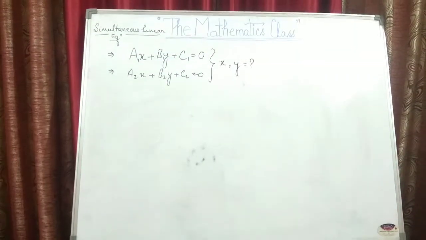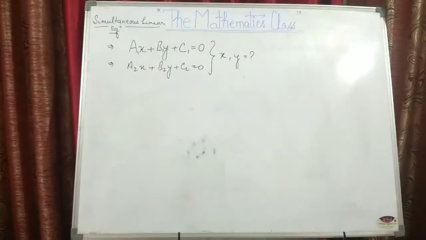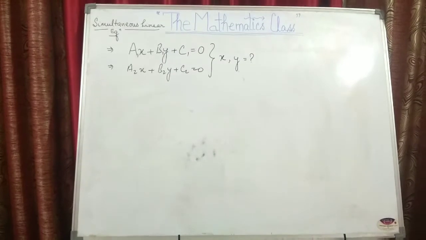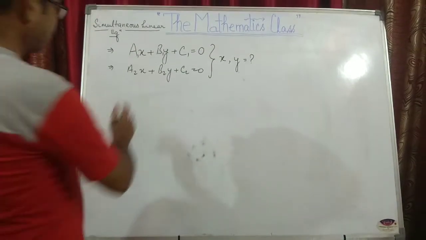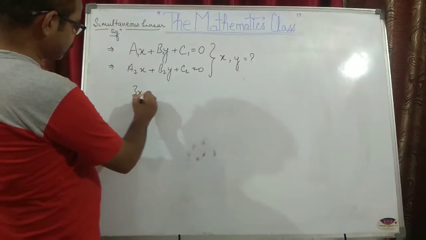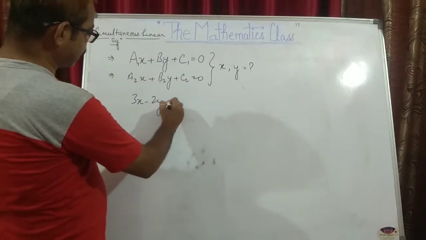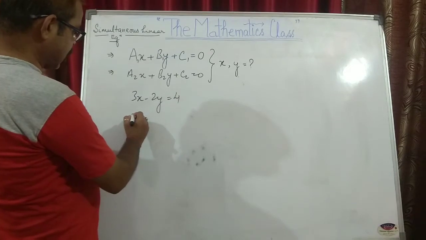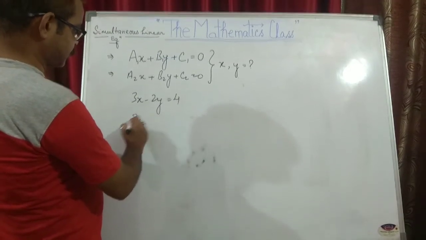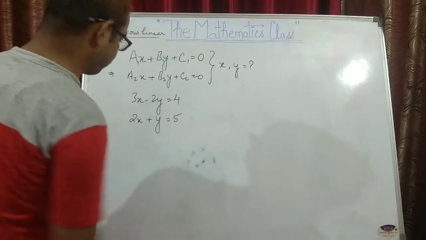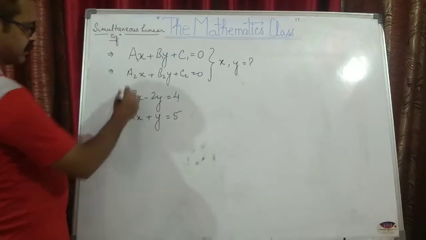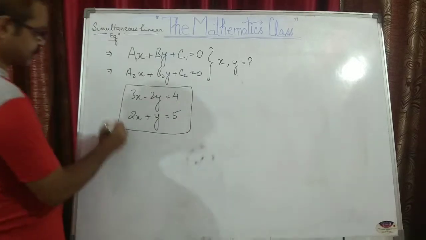Let's take an example: 3x minus 2y is equal to 4 and 2x plus y is equal to 5. This is a general example.